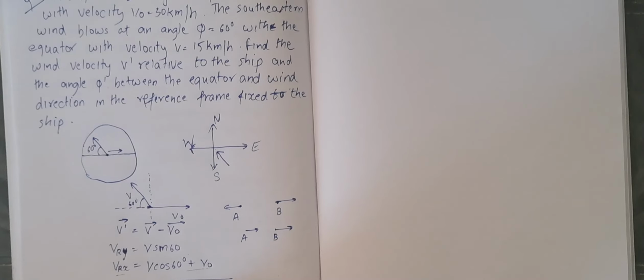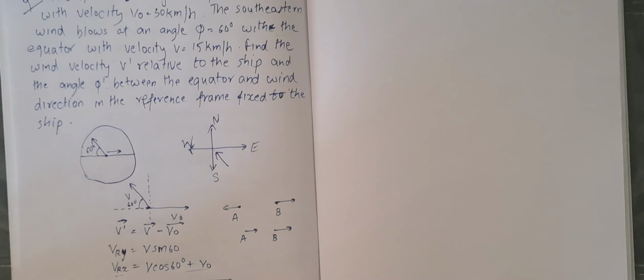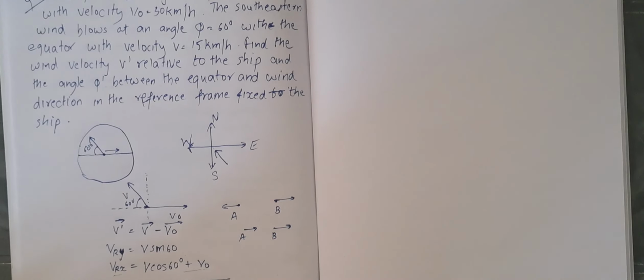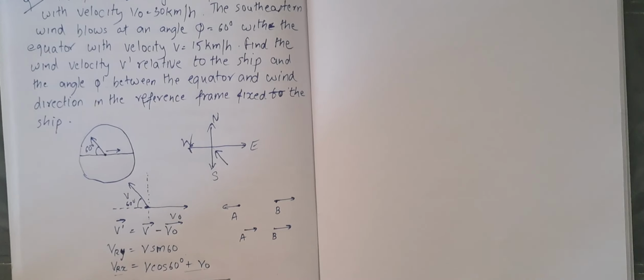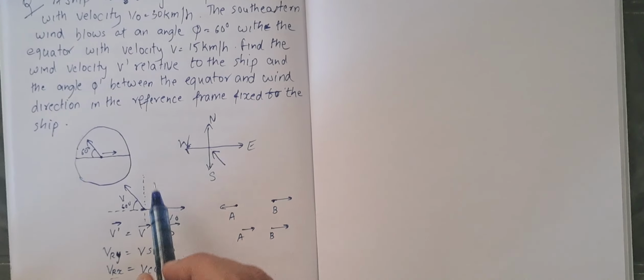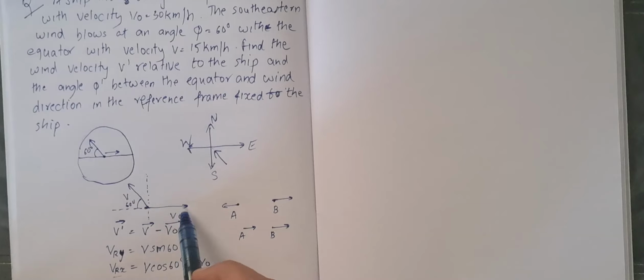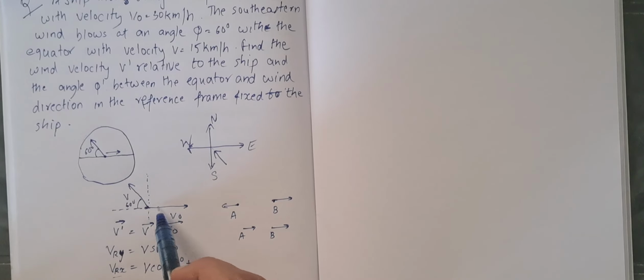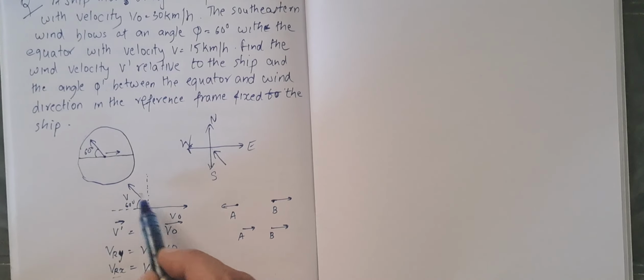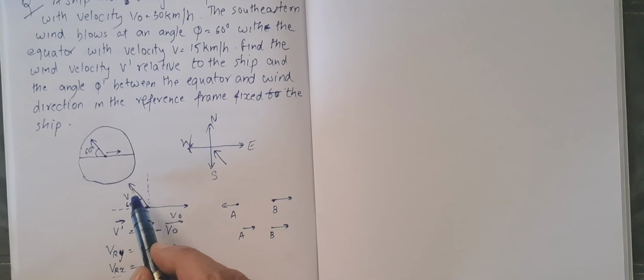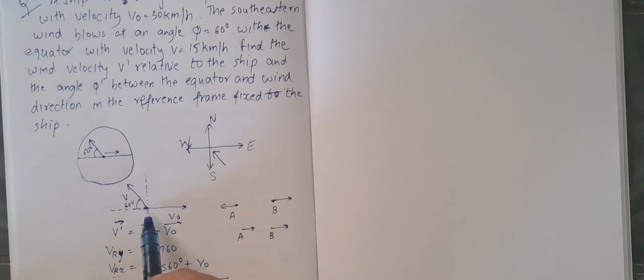Now VRY is the resultant velocity. And when I say resultant, I mean this minus this, the resultant of this vector minus this vector, right? Or there is one more way of looking at it. This plus minus this.